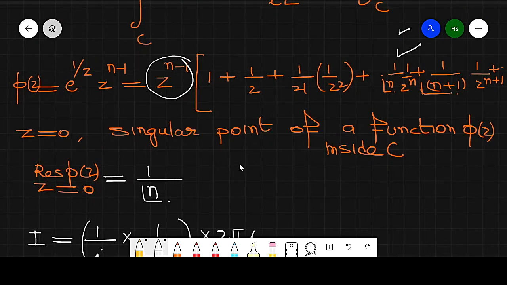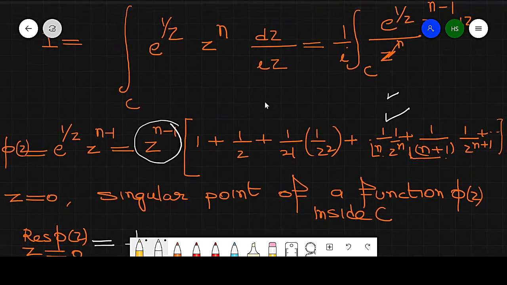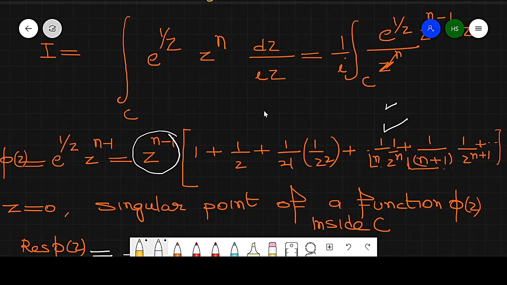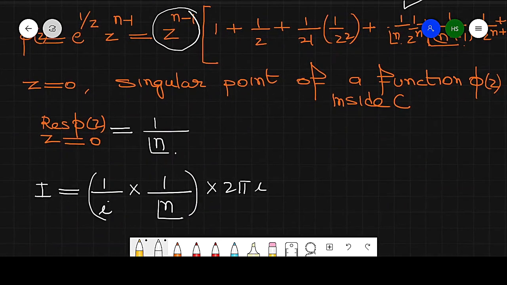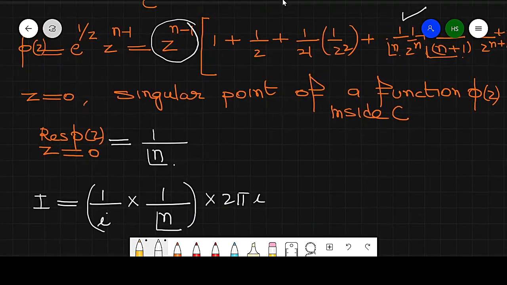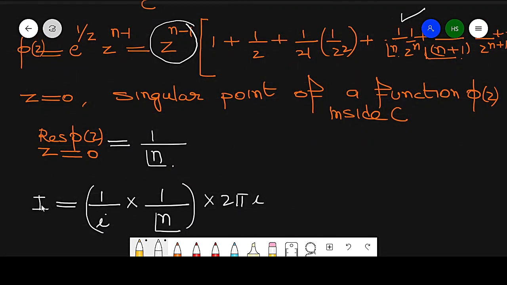So the integration is 1 by iota into 2 pi iota into n factorial. The iota is cancelled with this, so this value is 2 pi by n factorial.